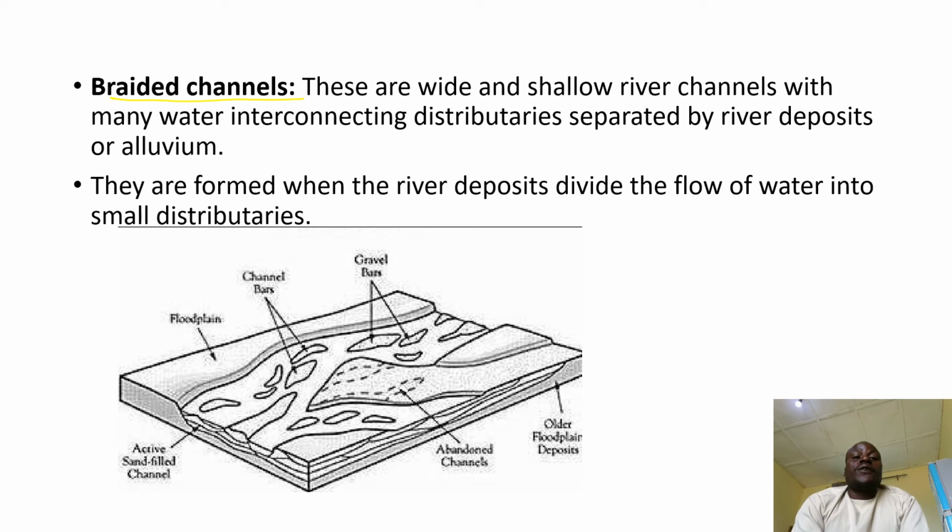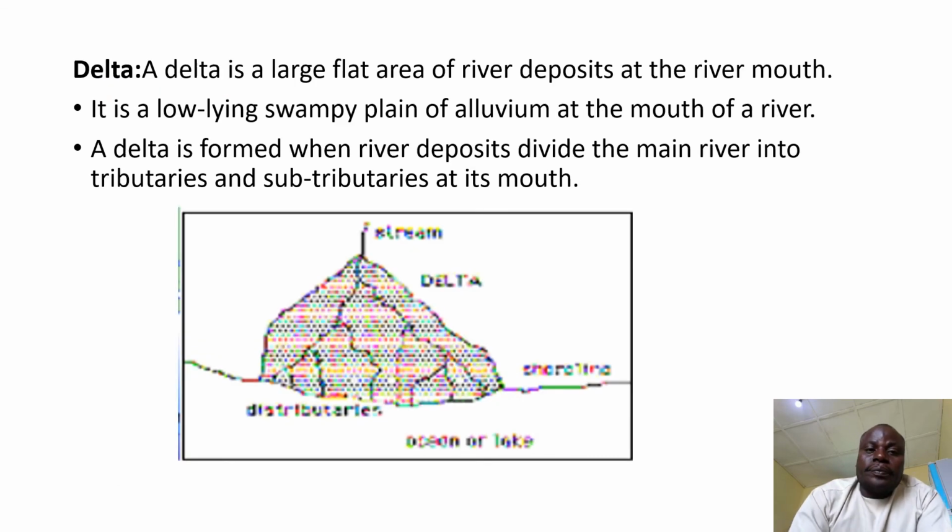You can even call them divided channels. As the river flows and deposits on its sides or on its bed, the depositional materials separate the water of the main river into other minor channels, and thus braided channels.